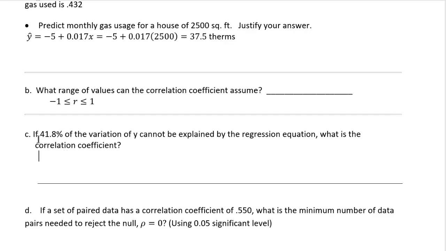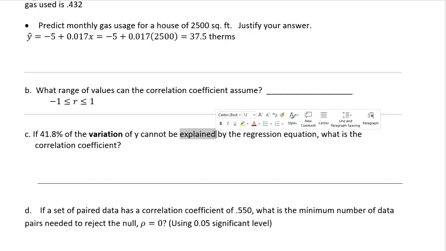Okay, now the next question: 41.8% of the variation of y cannot be explained by the regression equation. What is the correlation coefficient? When you see these types of questions, notice the words variation and explained.